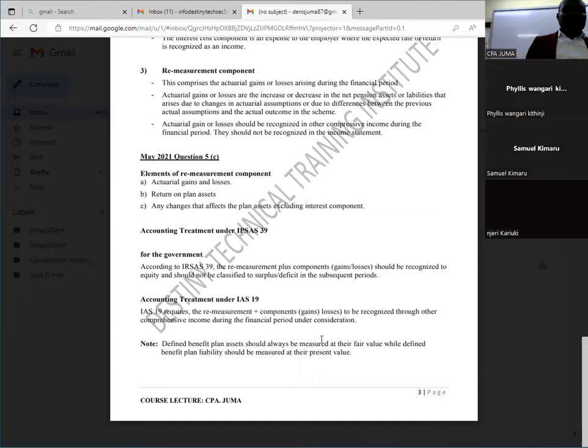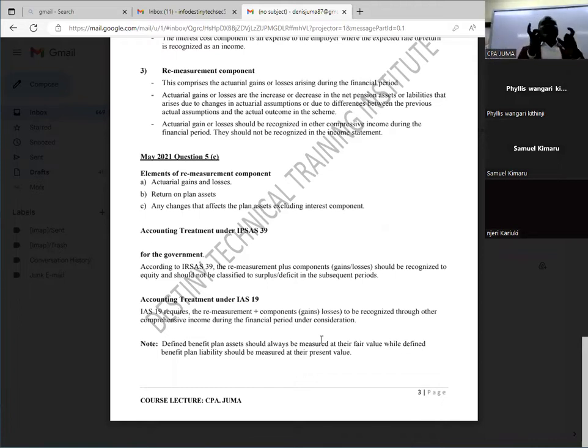So the accounting treatment under IPSAS 39. For private entities, we use IAS 19. For public sectors, we apply IPSAS 39. So for the government, according to IPSAS 39, the remeasurement component, those are gains and losses, should be recognized in equity and should not be reclassified to surplus or deficit in subsequent periods.